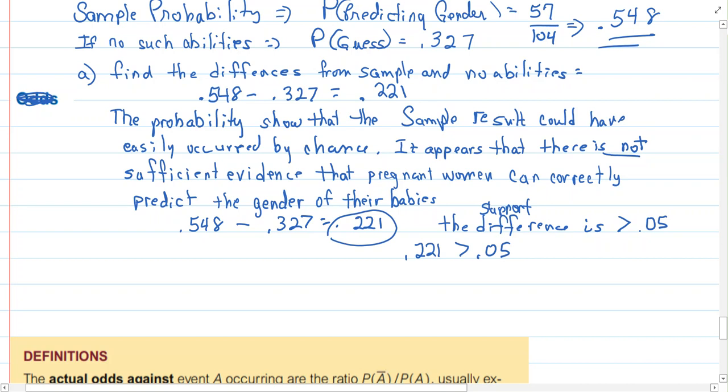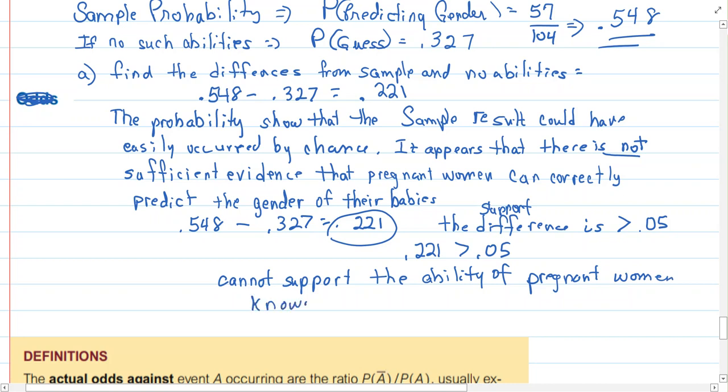Therefore, we cannot support the ability of pregnant women knowing gender.